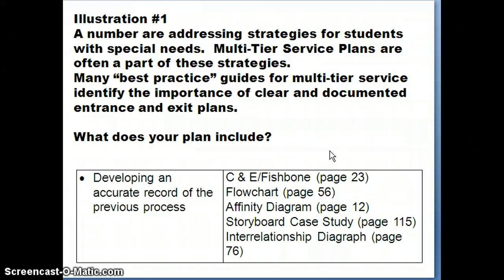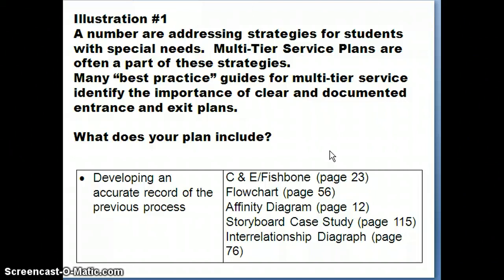We need to have a very specific and limited time plan of service for these people, and we needed to make it very clear in the plan when the person has met the threshold where the person no longer needs this plan. So, clear exit, clear entrance strategies, very clear plan. So the question is, if you're doing this for your plan, what does your plan include?